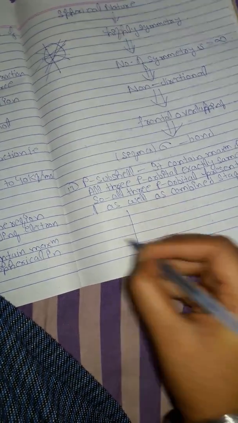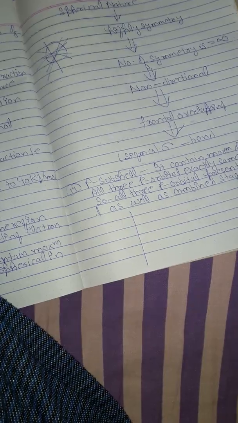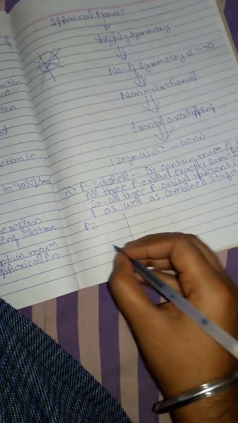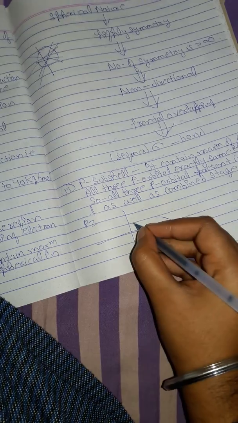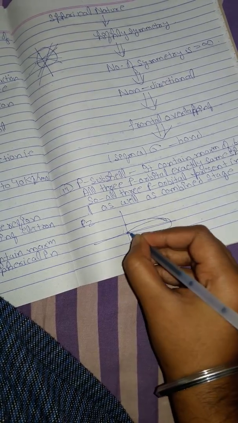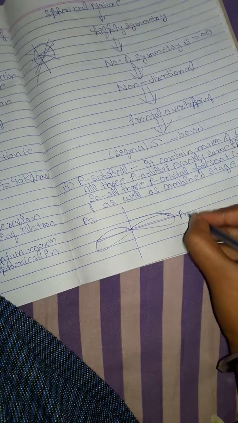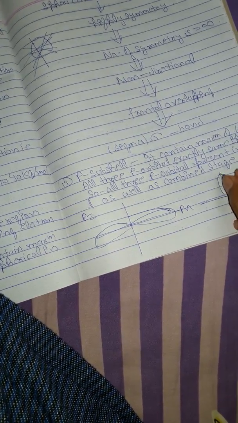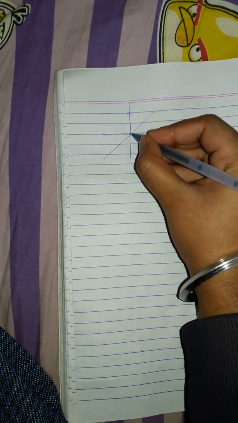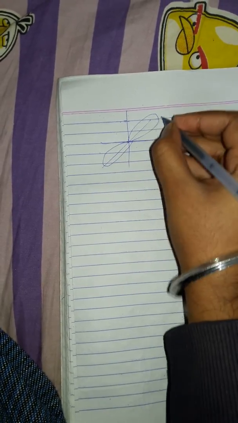The graph of the 3 p orbitals is px, py and pz. This is px, this is py, and this is pz.